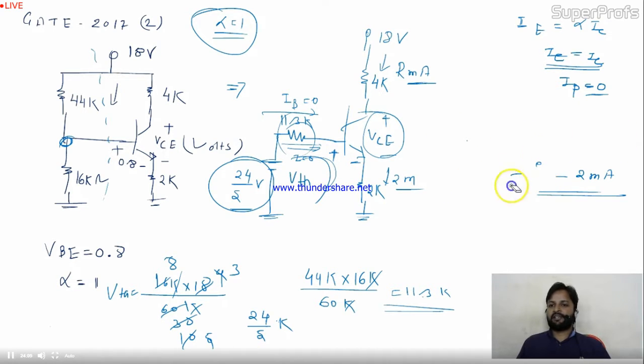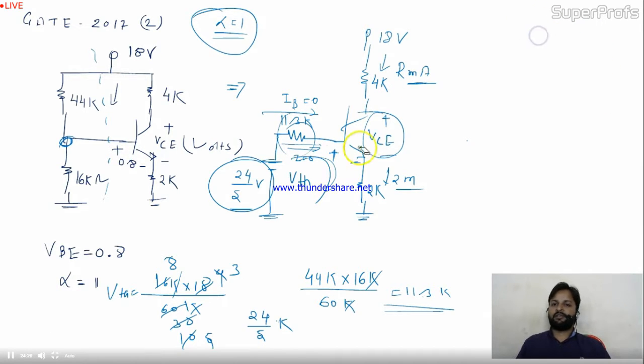At the output stage, you start your journey from the 18 volt VCC and terminate at the ground of the emitter junction, because then you get VCE, the voltage between collector and emitter. I start over here with 18, then I get a drop of 4K into 2 milli, then I get VCE.